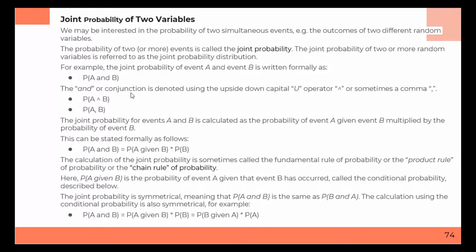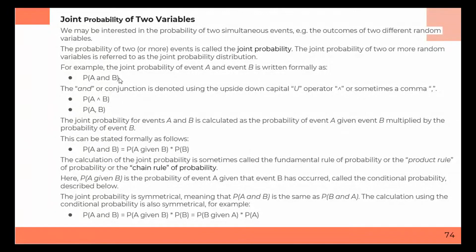Heard of it? Those who learn, they only learn or and and, all of them, right? So this is conjunction, or "and". You can read it as and, no problem. A and B, A conjunction B. So it becomes joint probability.